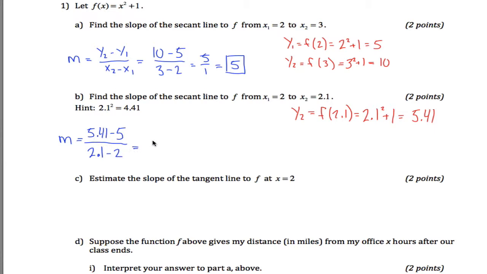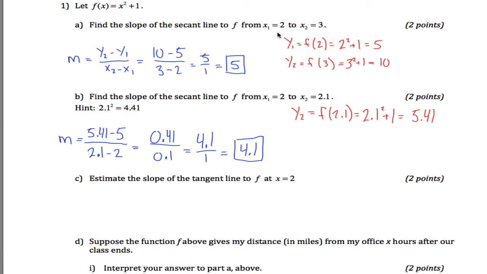If you do this math, 5.41 minus 5 is just 0.41, and 2.1 minus 2 is just 0.1. You can simplify this fraction. If you multiply the top and the bottom by 10, you'll get 4.1 over 1. In other words, the slope of the secant line from 2 to 2.1 is 4.1.